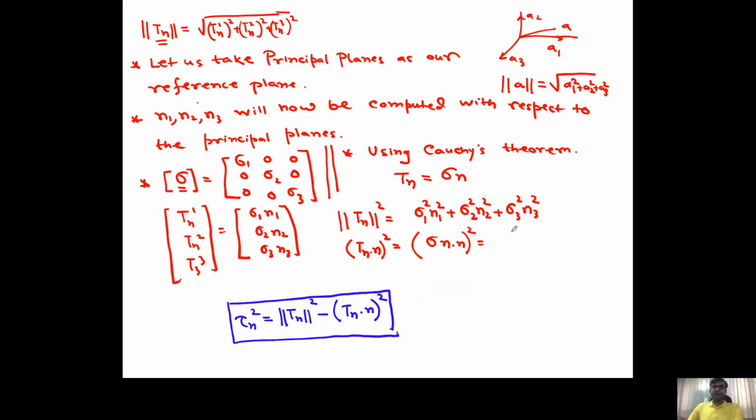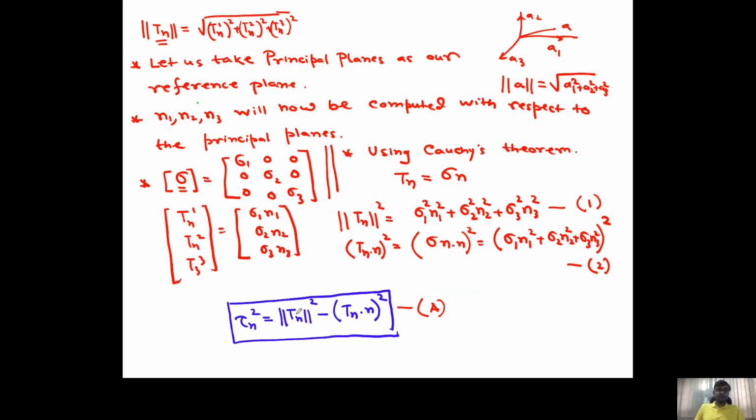When you write it in expanded form, you will get sigma 1 n1 square plus sigma 2 n2 square plus sigma 3 n3 square, and there is a square also. This square you should not forget. So what we did was find these two expressions which were there in the actual expression. Now we are going to substitute equation 1 and equation 2 into equation A.